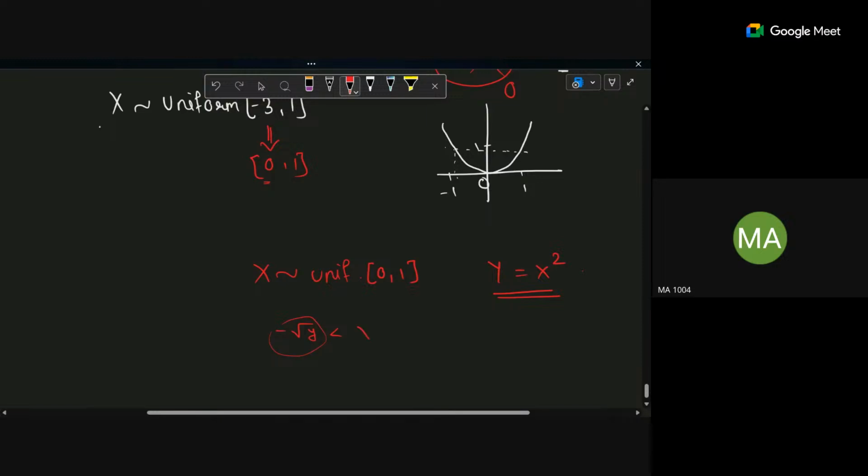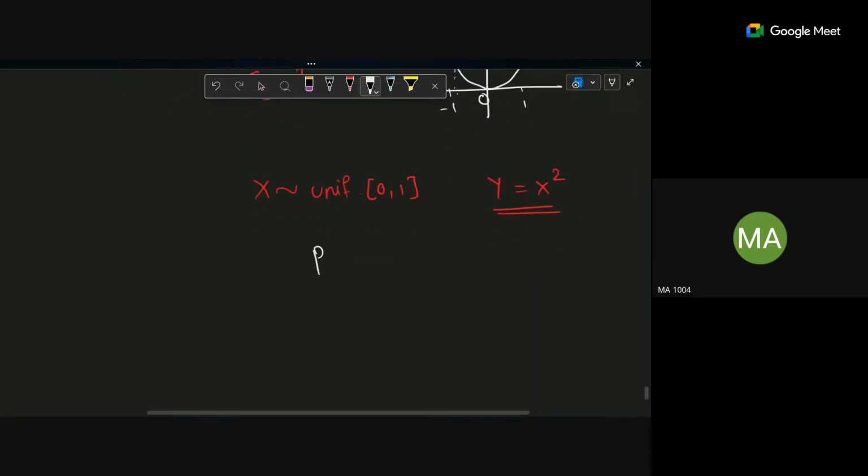So when I calculate the probability that y is less or equal to small y, it is x square less or equal to y.